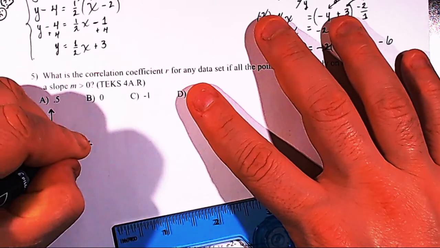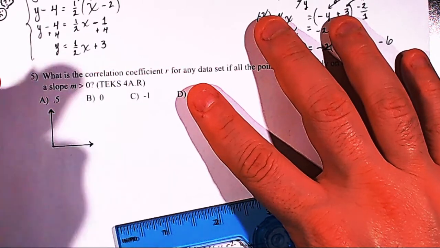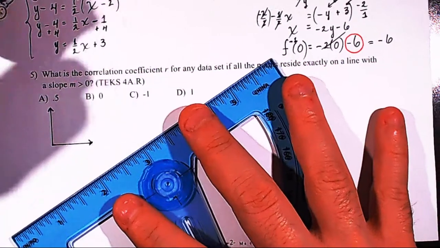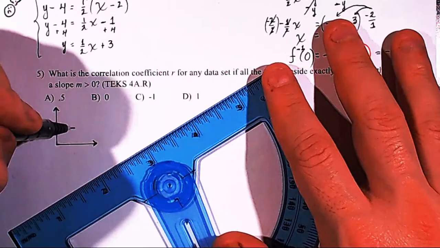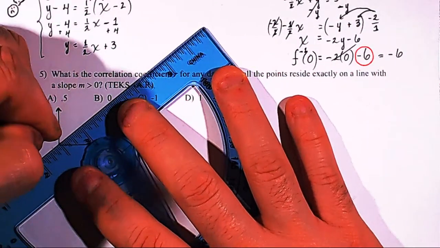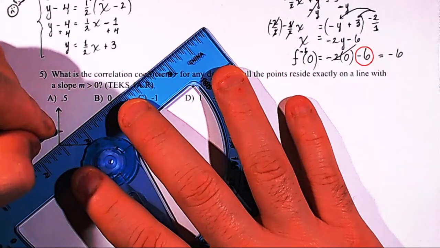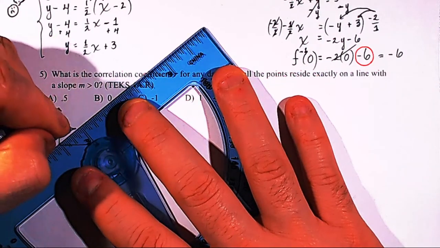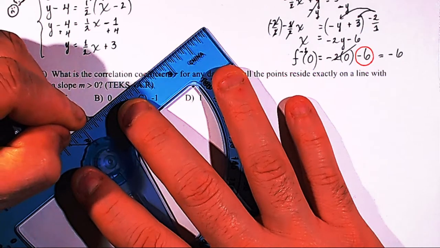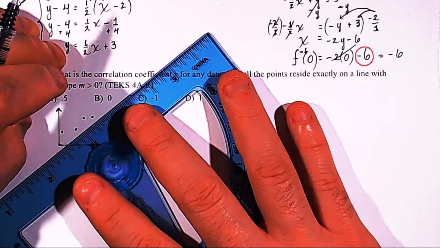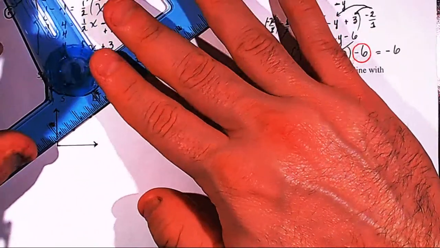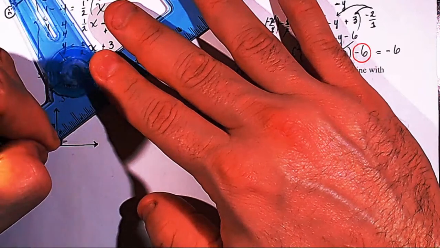measures the degree to which, the closeness with which, points are related to one another with respect to an imaginary line. So let me do something here. I'm just going to teach this concept really quickly.